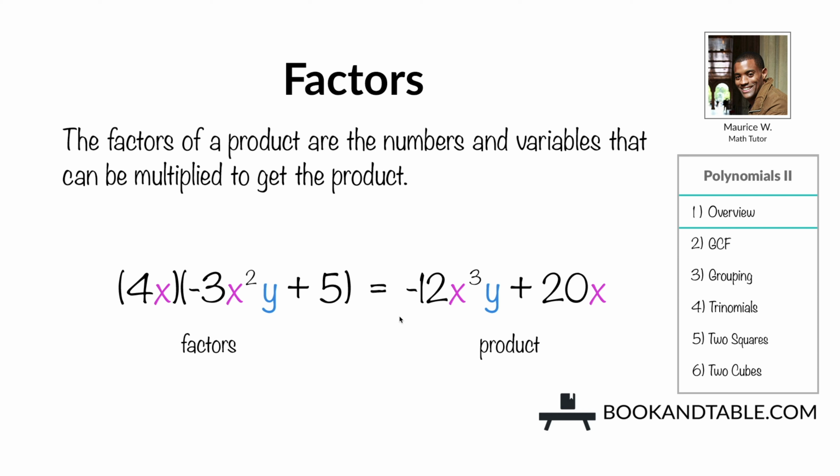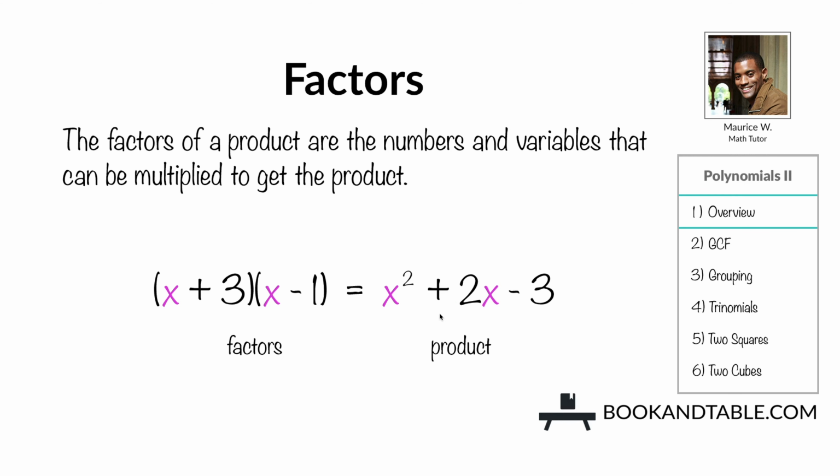For polynomials, you can get the factors several different ways. In this case, we have factors 4x being multiplied times the binomial negative 3x squared y plus 5, and that would give you a product of negative 12x cubed y plus 20x. You can also get a trinomial that has the variable twice, x squared plus 2x minus 3, and the factors of that polynomial would be x plus 3 times x minus 1.